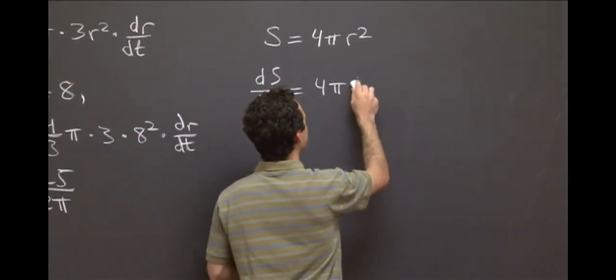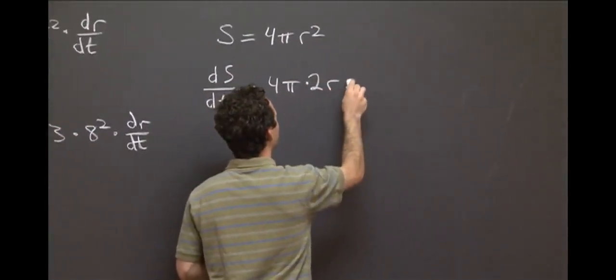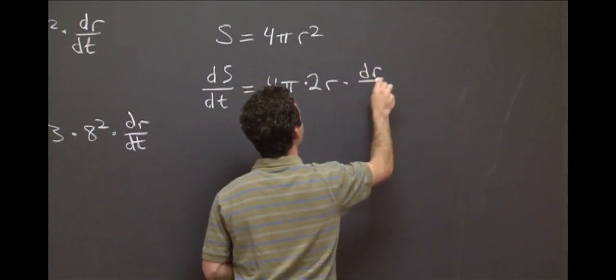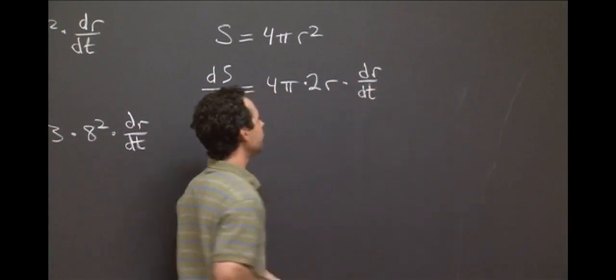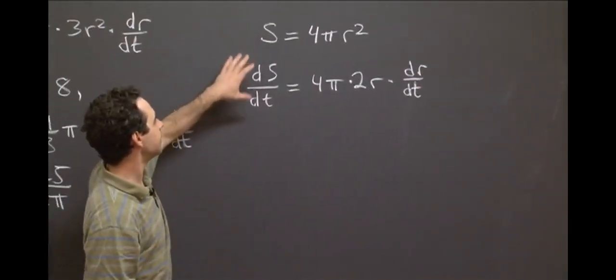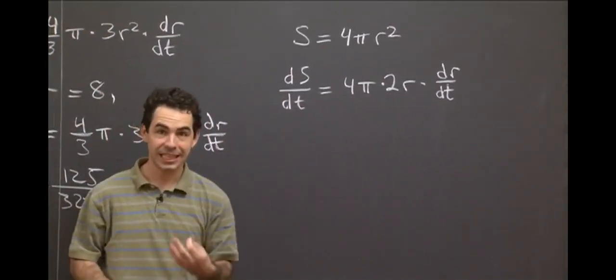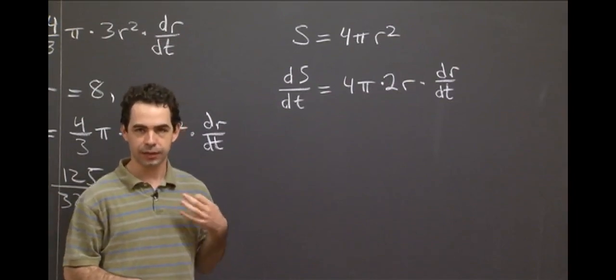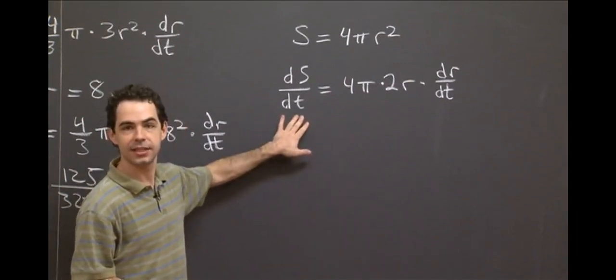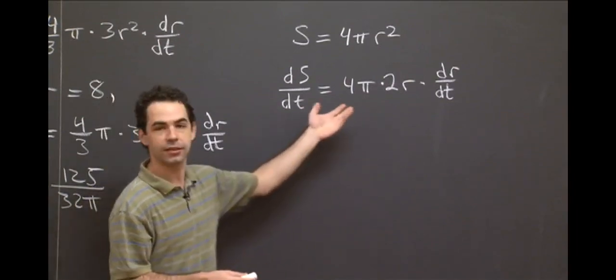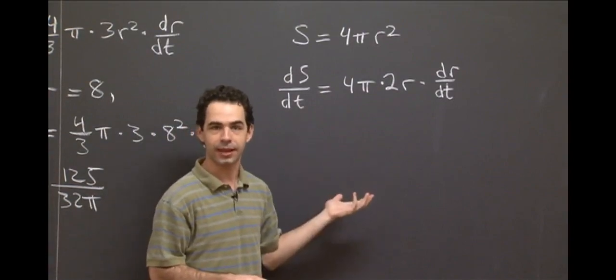So this is times 2r times dr/dt. This is an identity, so this is true always. And now we want to know, at this particular moment in time when r is equal to 8, what is dS/dt? In order to figure that out, we just have to plug in for everything else.